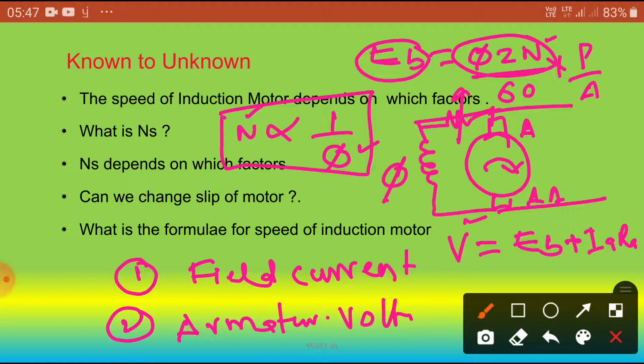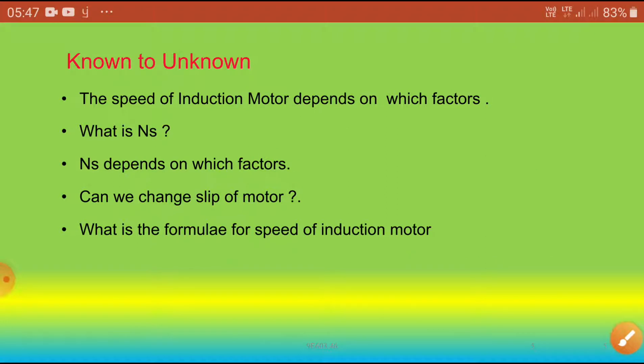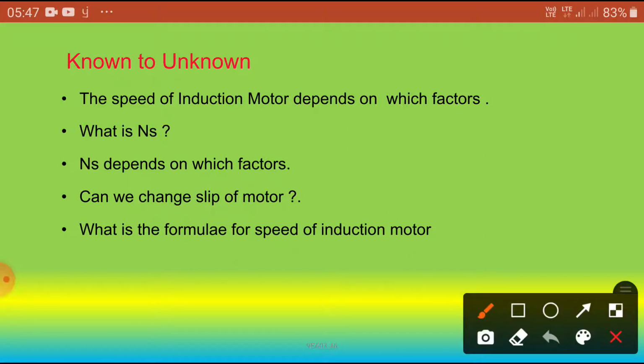In the second case, the voltage applied across the armature, if you add some resistance here, what will happen? That is also in the armature control method that we have seen.